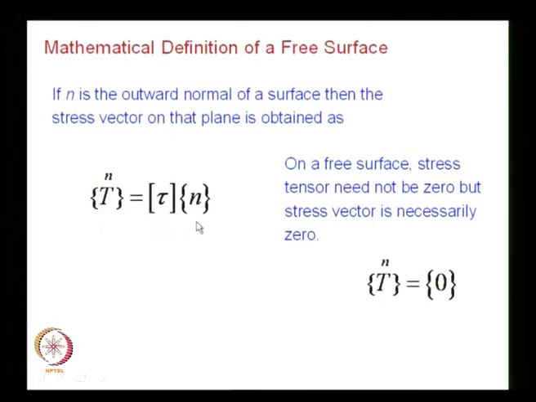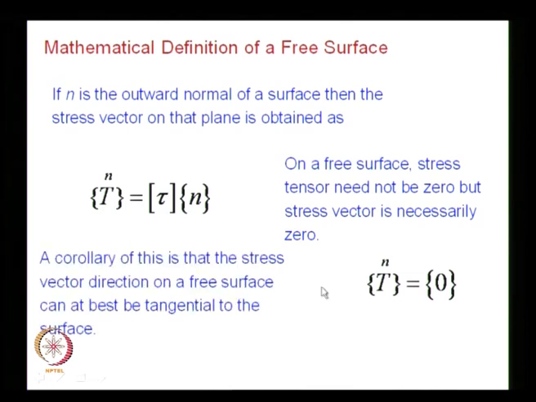If I have to find the stress vector on any specified plane, I can go to Cauchy's formula. Then I make a statement that on a free surface the stress vector is necessarily 0. So, it is defined like this, and what is the corollary of this? The corollary is that the stress vector direction on a free surface can at best be tangential to the surface.